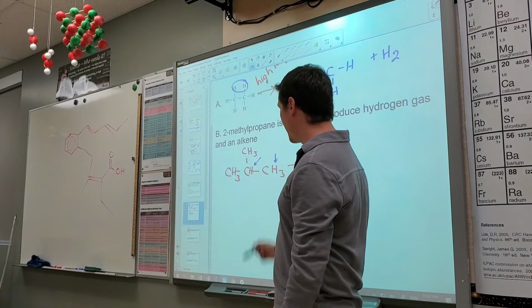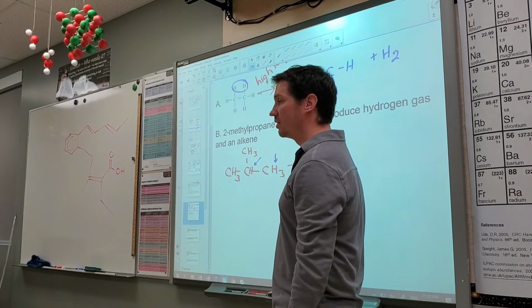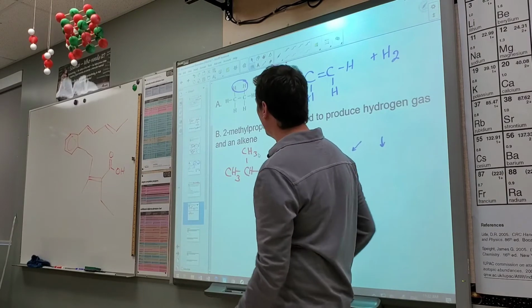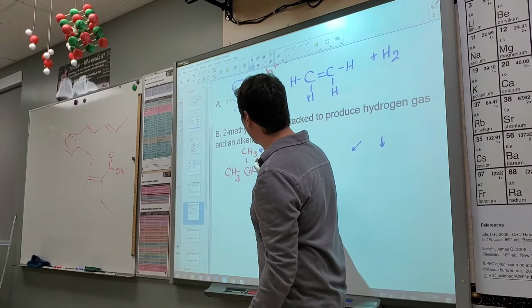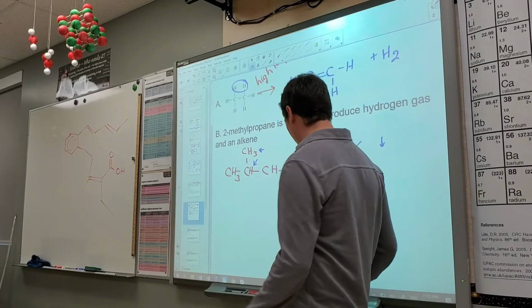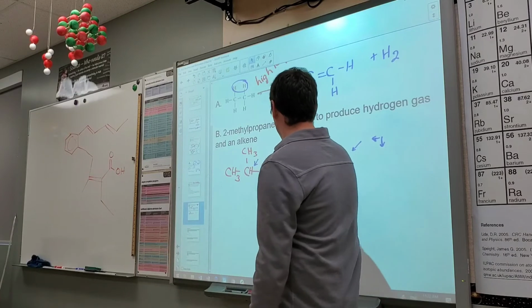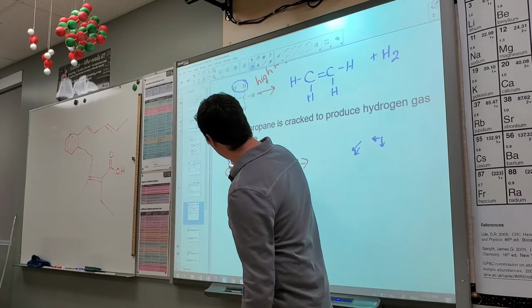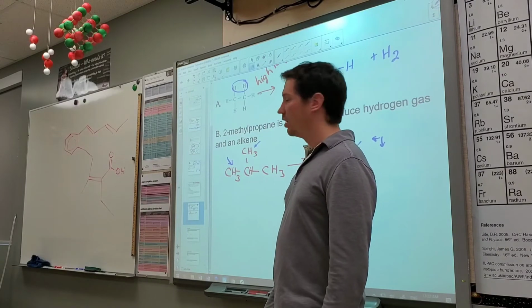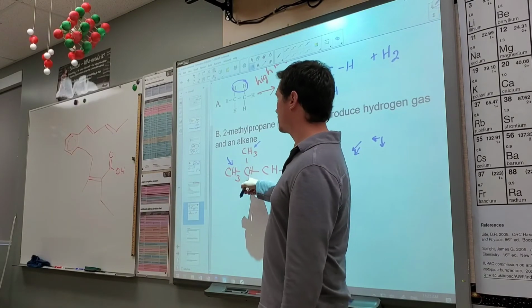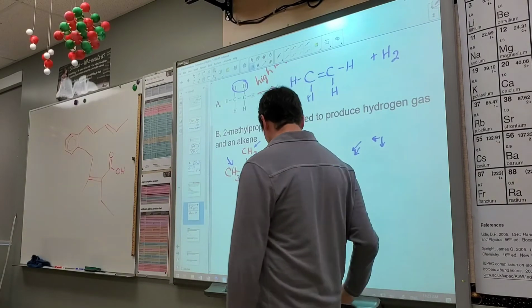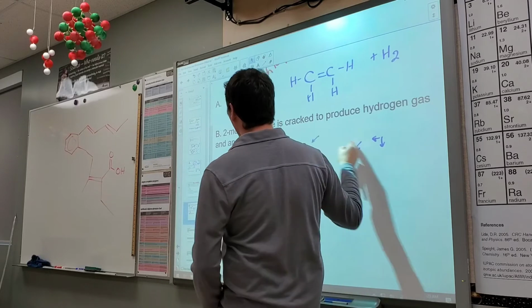Are those hydrogens beside each other? Sure, that seems fine. What about here and there? Are those hydrogens beside each other? Yeah, sure. What about here and there? Those hydrogens are not beside each other. They're 3 carbons away from each other, right? So no, those wouldn't work.